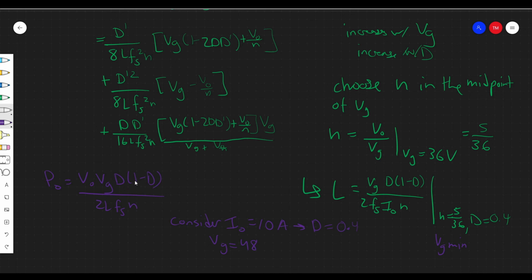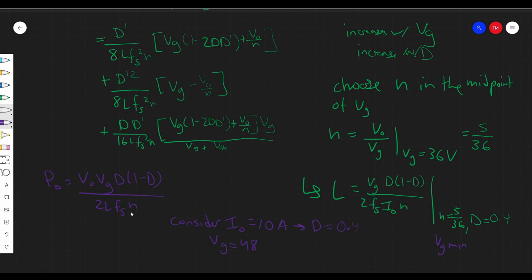Everything is set: we're at our maximum D, V out doesn't change, Vg is 48 volts, and L, the switching frequency, and N are fixed. So we can send as much power as we want. However, as Vg starts to decrease, we can't increase D anymore. D is already at the maximum value we've set, in this case 0.4. We can't make it go any higher. We're limited now by L.